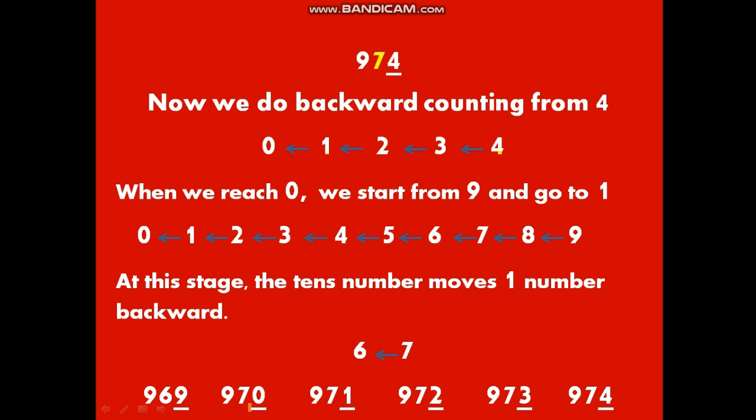See, after 0, 9 comes at the ones place, and 7 has shifted to 6. This is what I was saying, that when 9 comes, the digit at the tens place will also go one step backward.